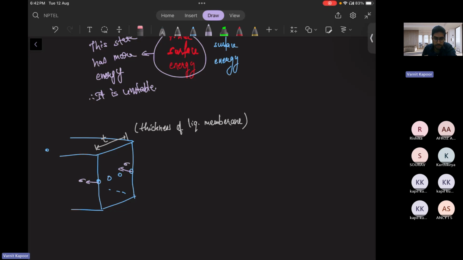Not for the internal particles, only the external ones. This is A and this is A, B, C, D. So only for A and D, because that is the only contact, the only interface. So only particles A and D will observe the surface tension.